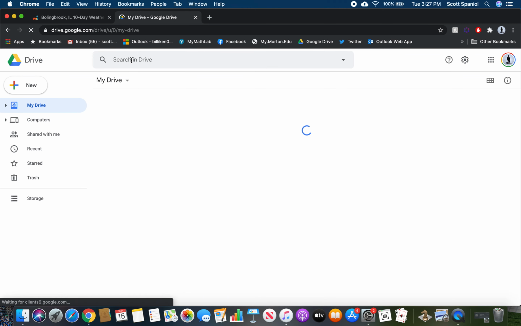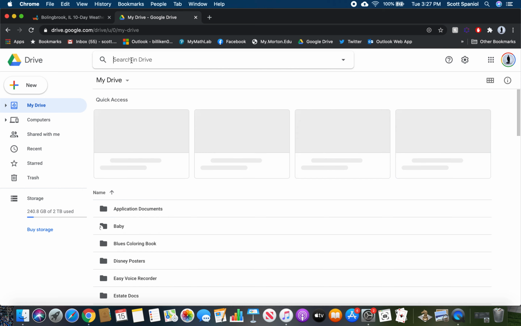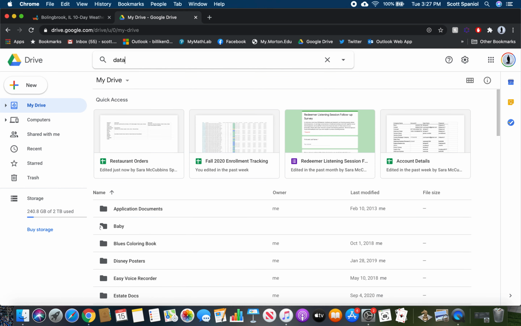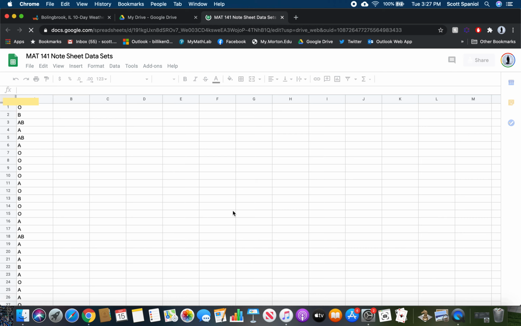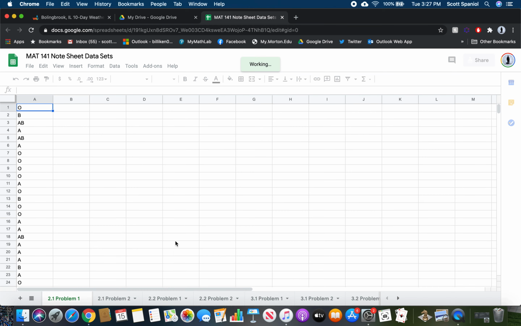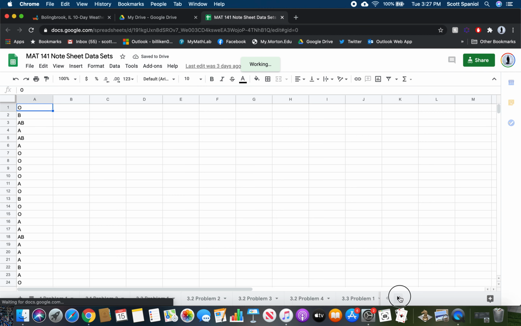We could use Google Sheets to help us do this. I can't remember if I have a sheet already made for this one. So let's bring up our Google Sheets and see if I have one for 6.1.